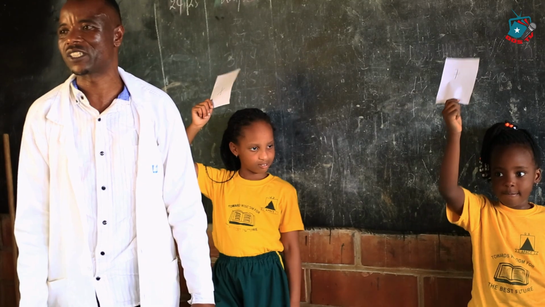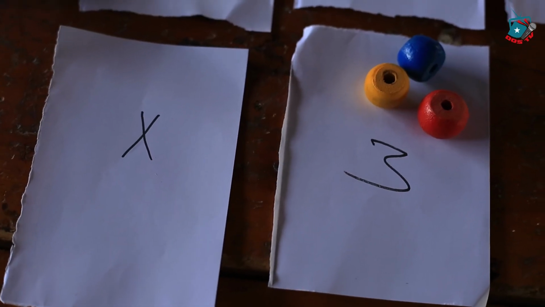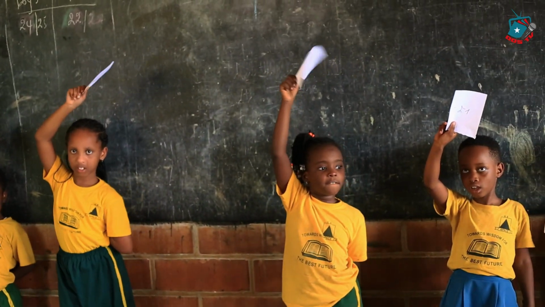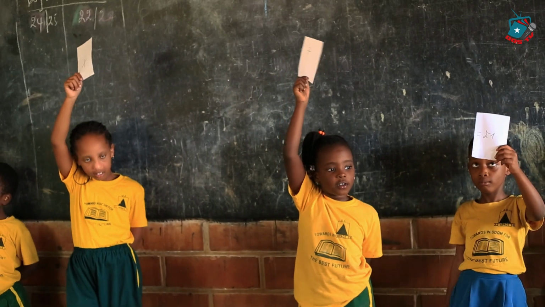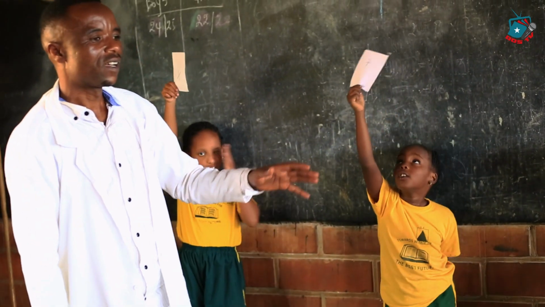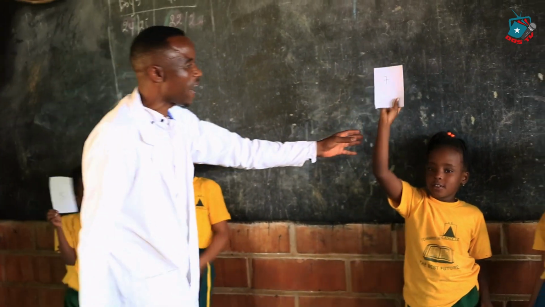Come here please and show us. 3 times 7, how many? 21. 3 times 7 equals 21. Yes? Go and sit down.